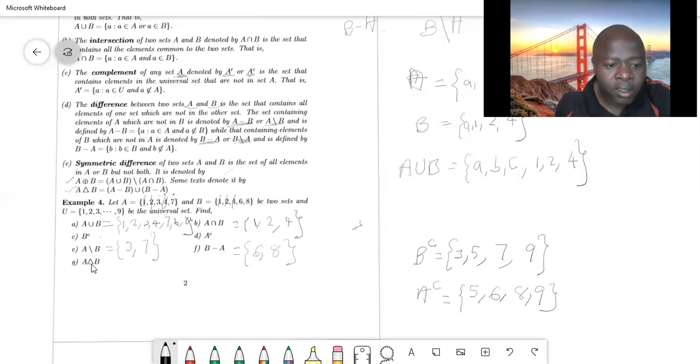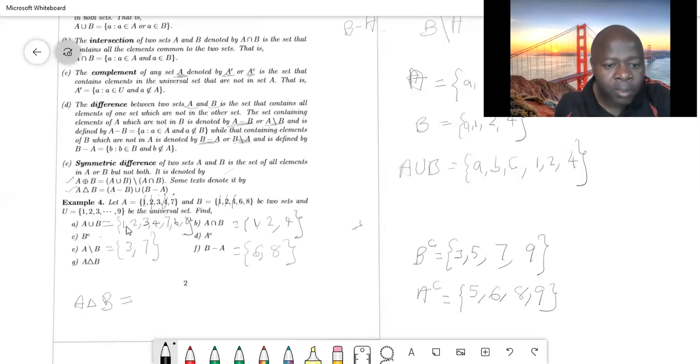Finally, let's look at the symmetric difference. We have two formulas and we want to see if the two formulas agree. The symmetric difference, we've said, is the union of A and B minus the intersection. The union had 1, 2, 3, 4, 7, 6, and 8. The intersection had 1, 2, and 4.